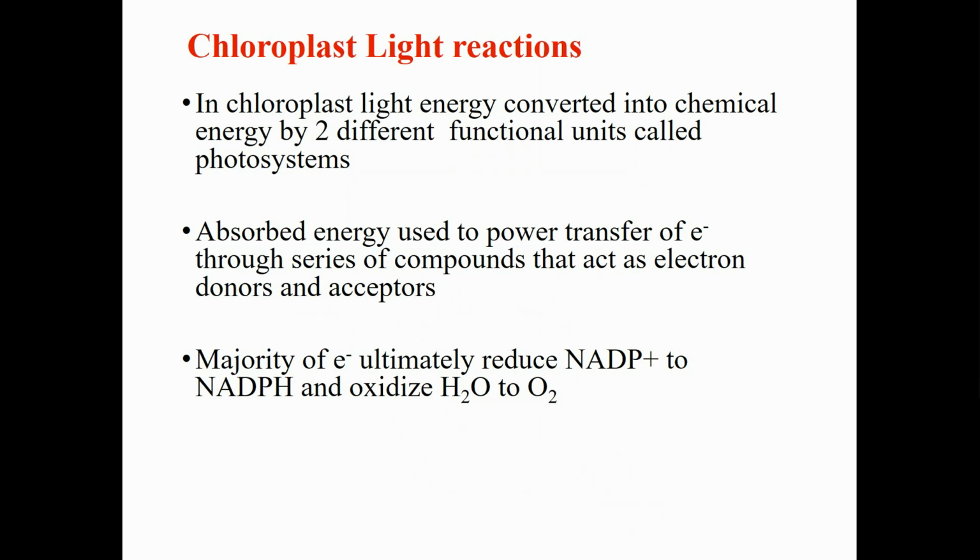And then we've got an electron that's slightly energized, and it gets given to NADP. So it now becomes NADPH. And this NADPH goes off to the Calvin cycle, where it is going to use that energized electron in the Calvin cycle.